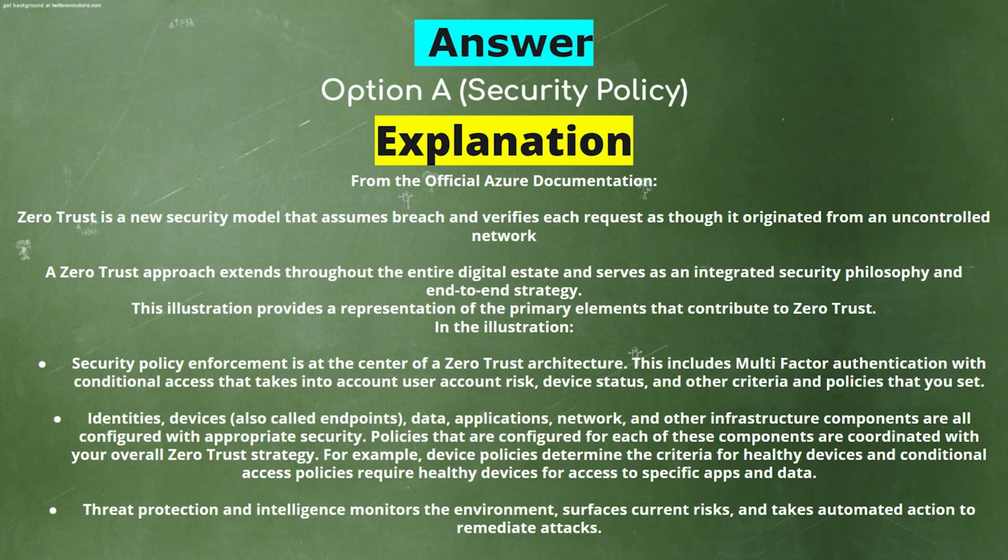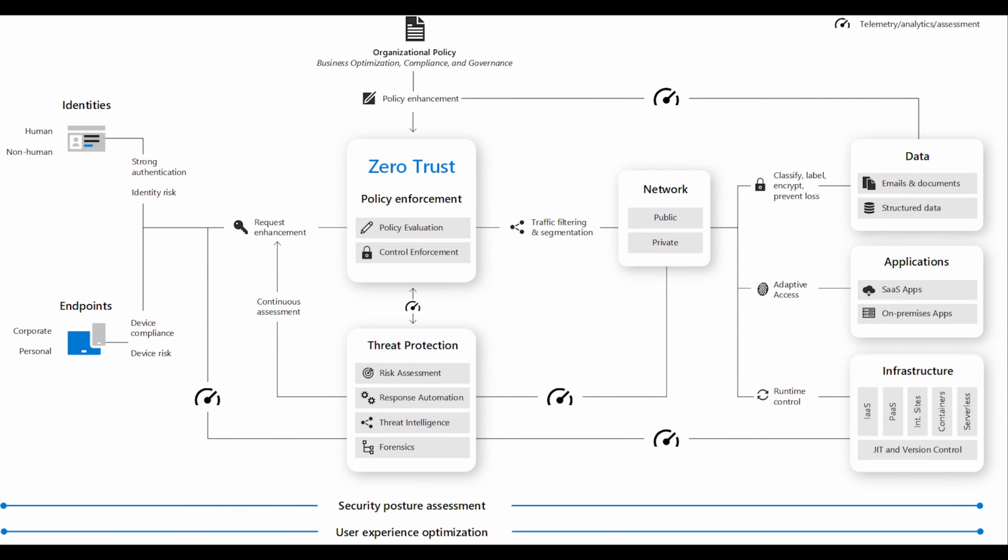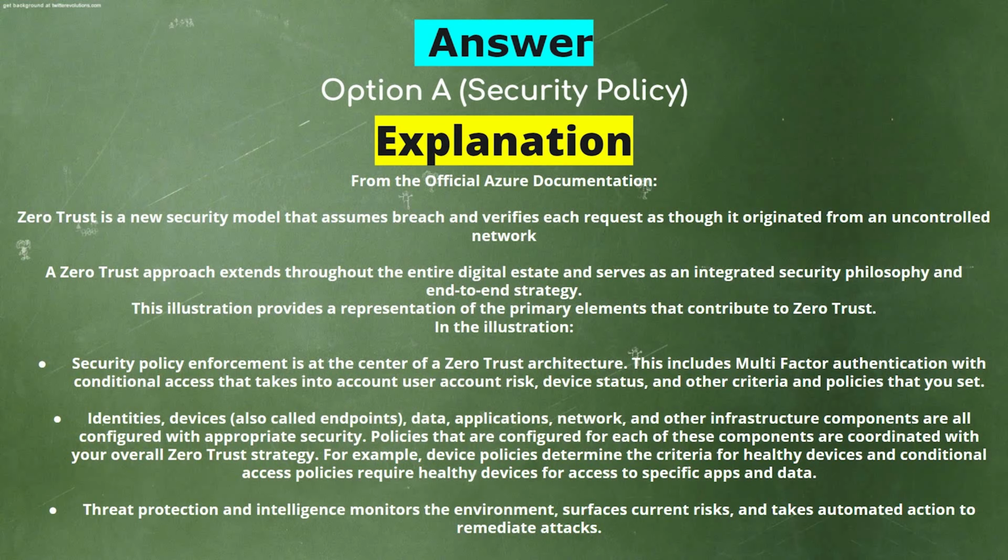This illustration provides a representation of the primary elements that contribute to zero trust. In the illustration, number 1, security policy enforcement is at the center of a zero trust architecture. This includes multi-factor authentication with conditional access that takes into account user account risk, device status, and other criteria and policies that you set.